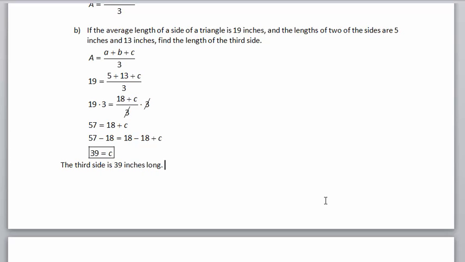If you want to check this, you can take your calculator and average the values 5, 13, and 39. You should get 19 as their average.